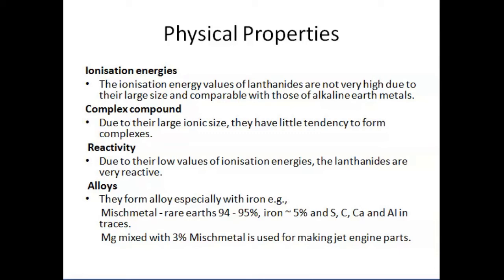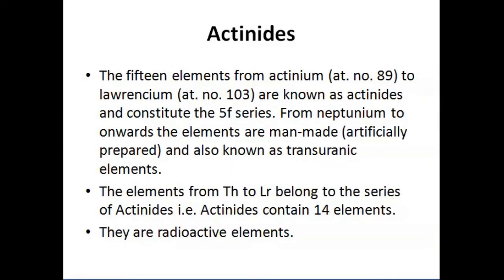And when we talk about the properties of the actinides, that is the second half. So the 15 elements from actinium to lawrencium, we call it as actinides, and they are going to constitute the 5f series.